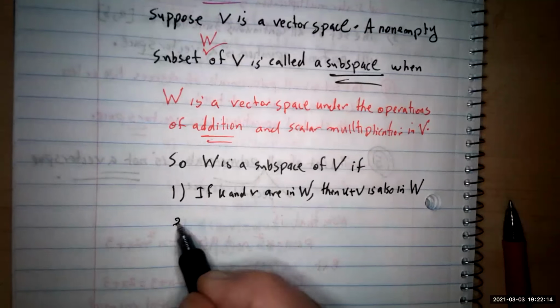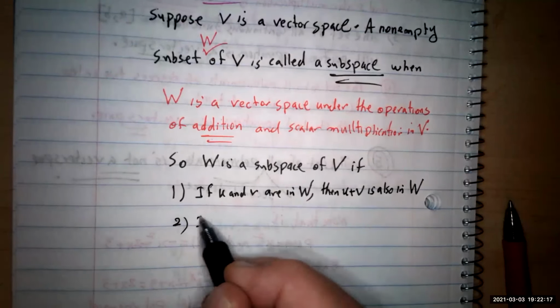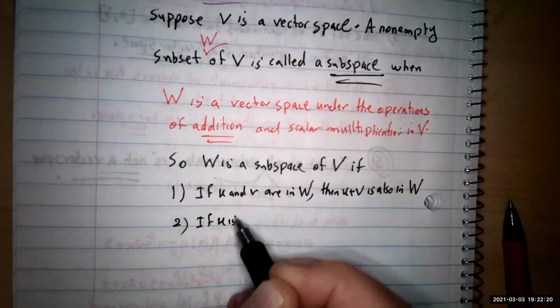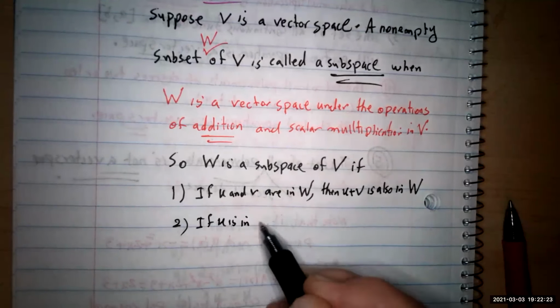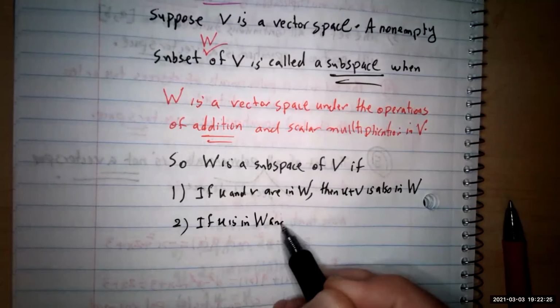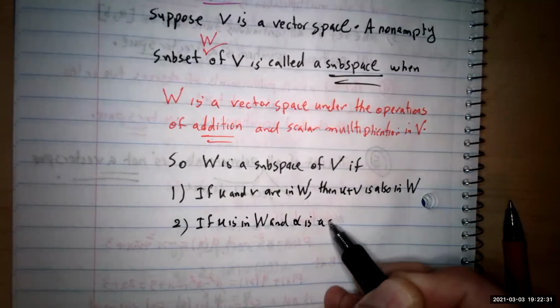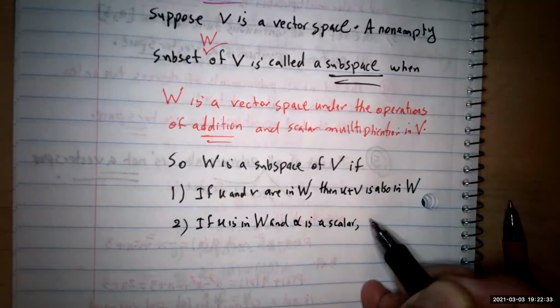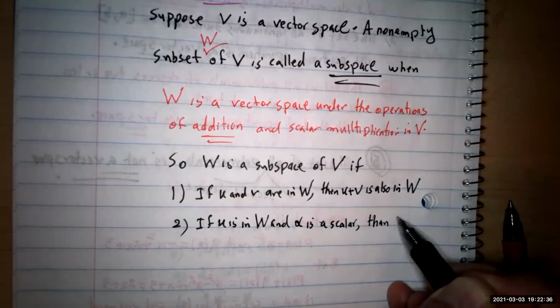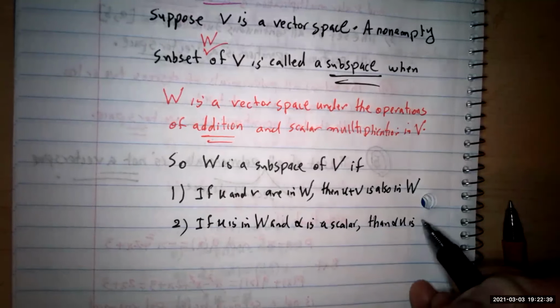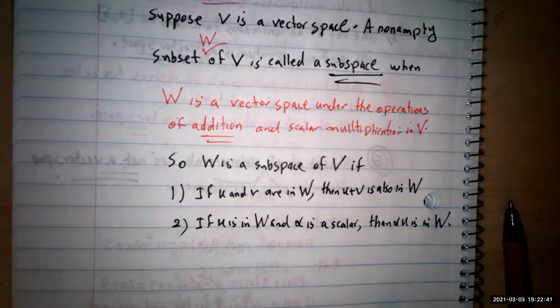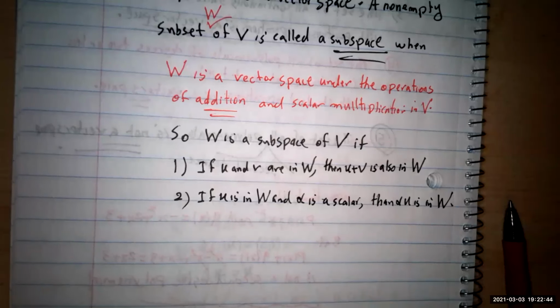The second one: if u is in W and alpha is a scalar, then alpha times u is in W. Basically, it must be closed under vector addition and scalar multiplication.